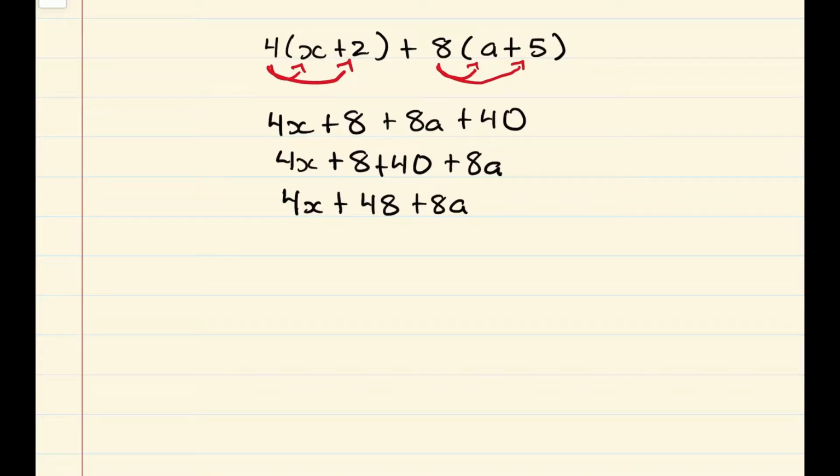And that's basically how you would solve that. We can't simplify it any further because we can't add constants and numbers with variables together because they're not the same term. So that's our answer. So let's move on to the next question.